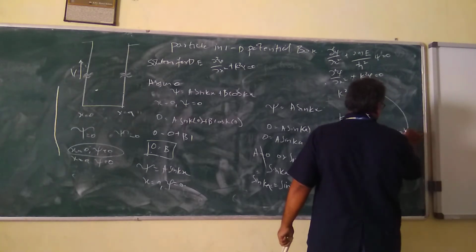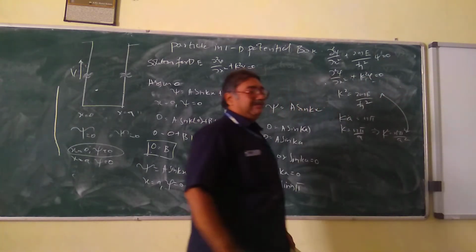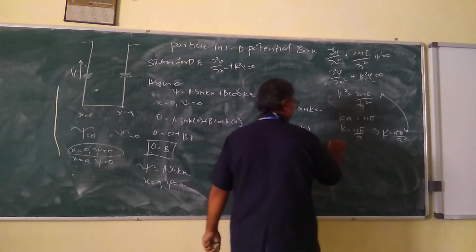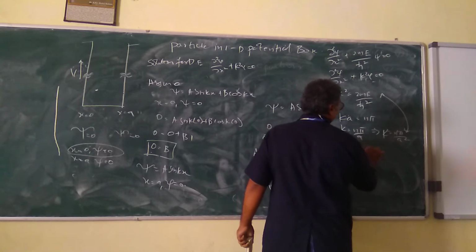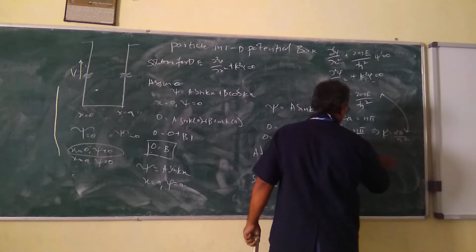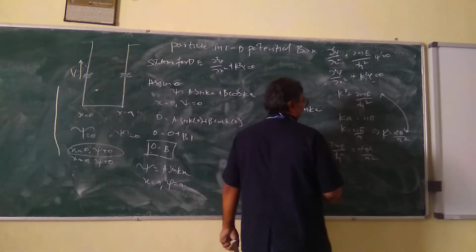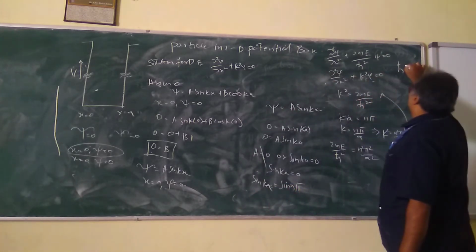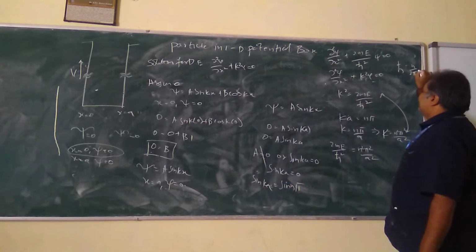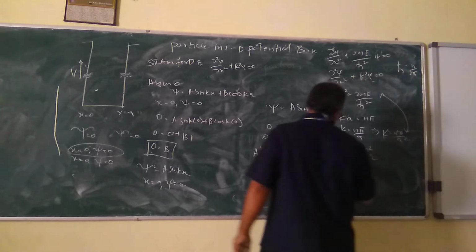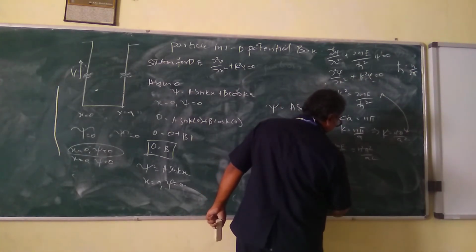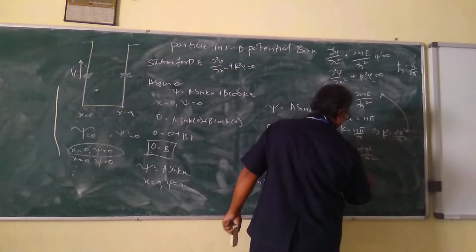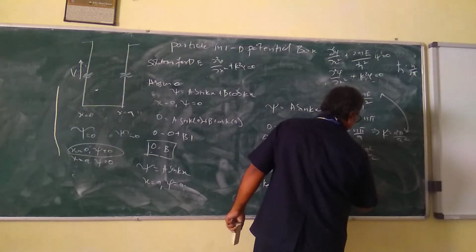We equate these two equations. We get 2mE/ħ² = n²π²/a². What is the value of ħ? ħ is h by 2π, so we substitute this value. We get 2mE/(h²/4π²) = n²π²/a².